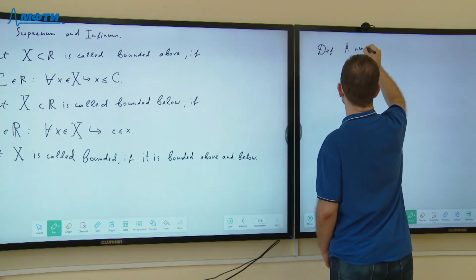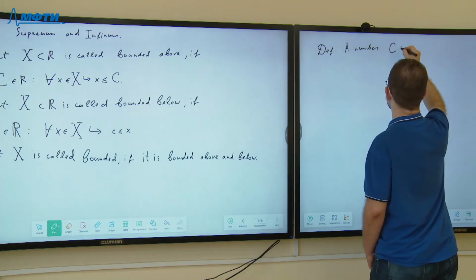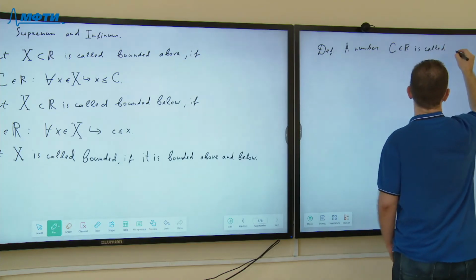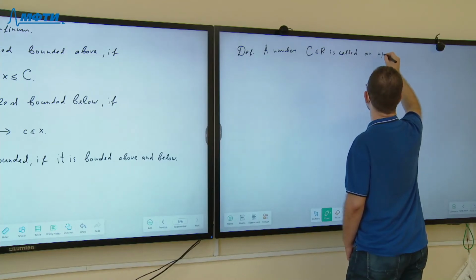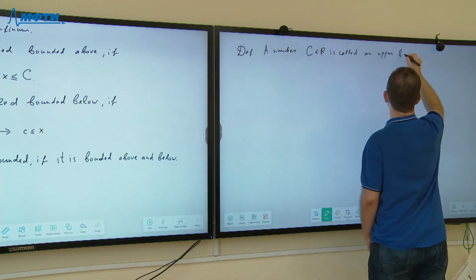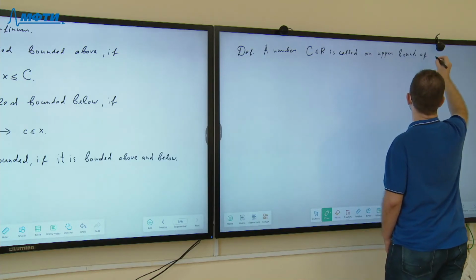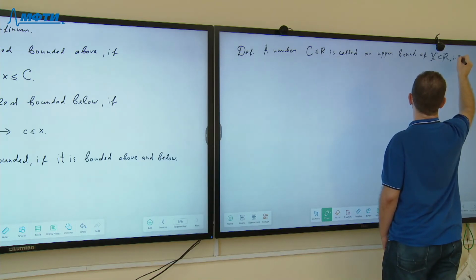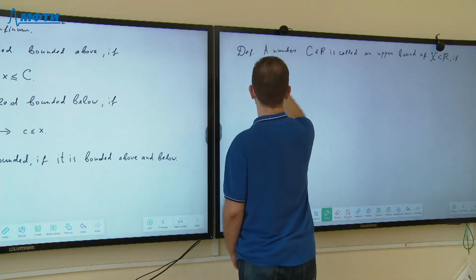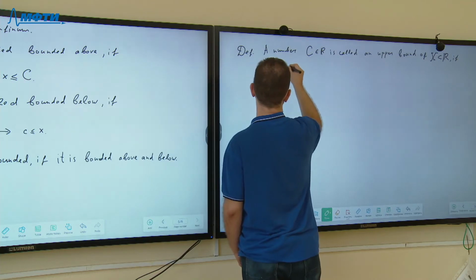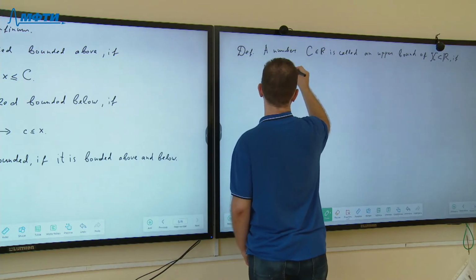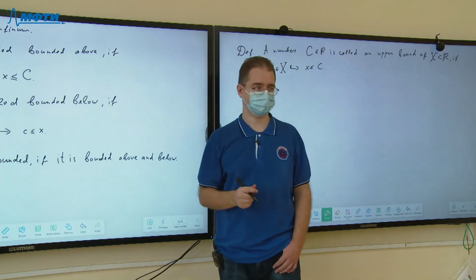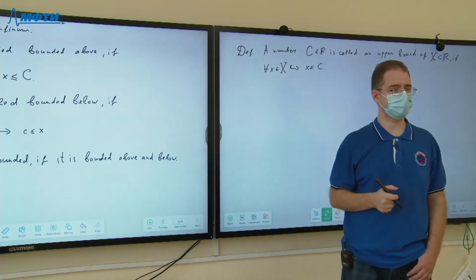A number C is called an upper bound of a set X if for any x from X it follows that x is less than or equal to C. Of course, we have a similar definition of a lower bound.